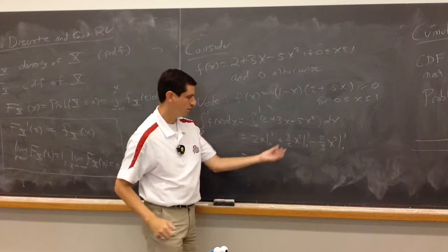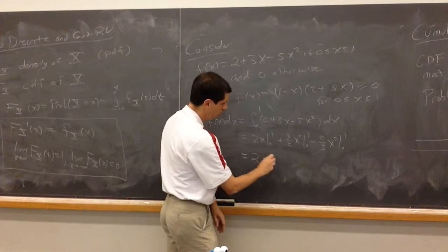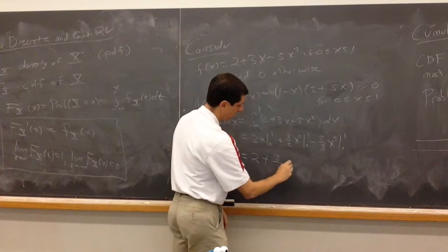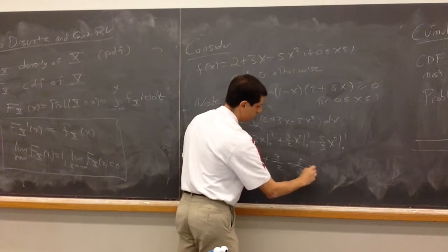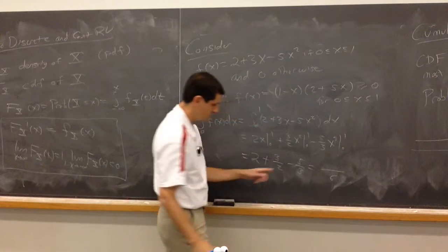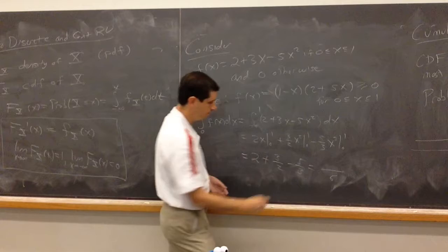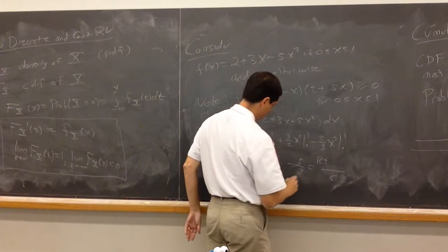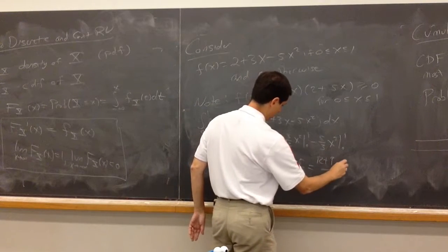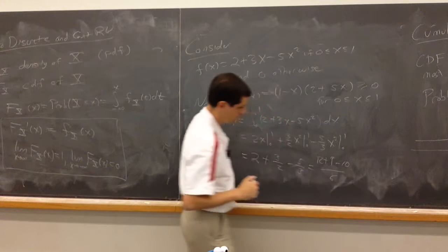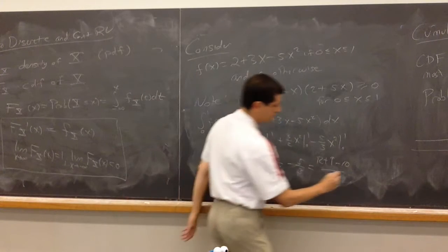Well, everything at 0 cancels, so we get 2 plus 3/2 minus 5/3. All right, so if we combine everything, it's over 6. So that's 12 plus, I think, 9 minus 10. Is that right? So we get 11/6.